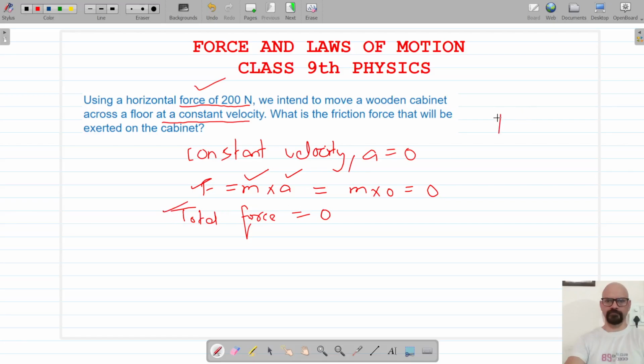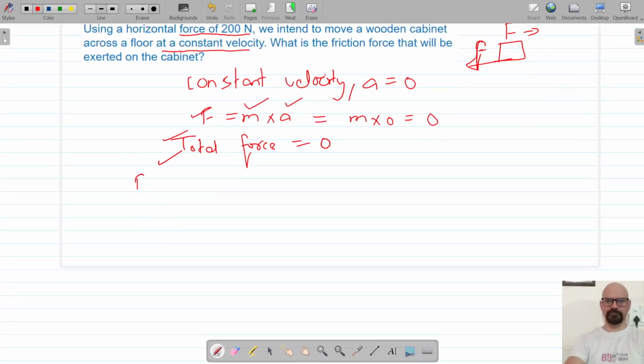If a body is moving with constant velocity and we have applied a force, there are two types of forces. One is the force that you have applied, and the next is the force of friction, let's say small f. So the total force is the force on body plus friction. Friction is in the opposite direction, so force on body plus friction will be the total force, that is equal to zero.